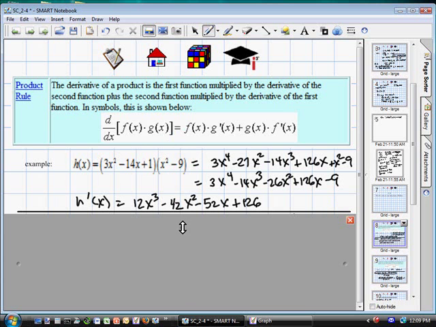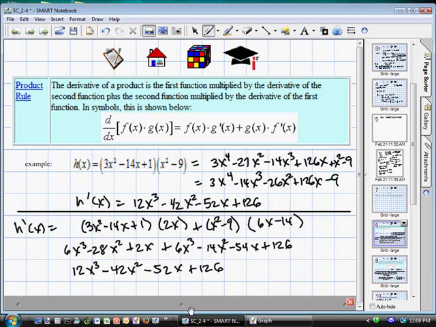And I'd like to demonstrate that the product rule really works. So now let's follow the product rule. Let's take the first times the derivative of the second. What's the derivative of the second? 2x, right? So take the first guy, multiply by the derivative of the second. That's this part right here. Plus, take the second guy, x squared minus 9, and multiply him by the derivative of the first guy.